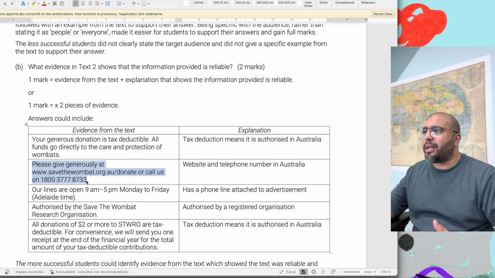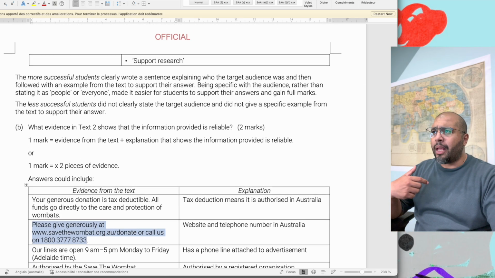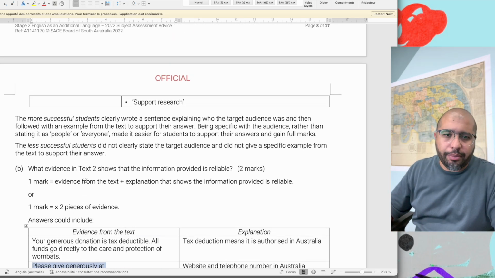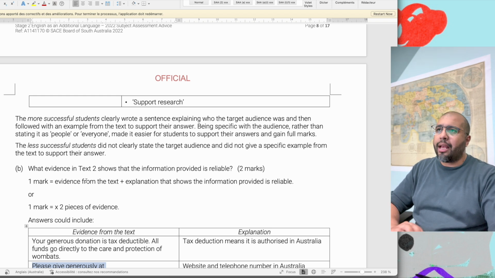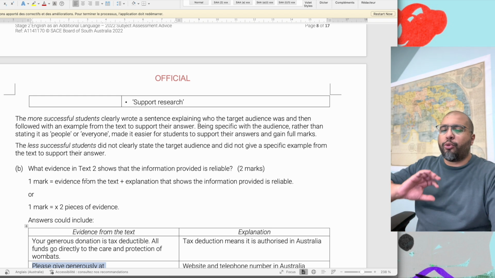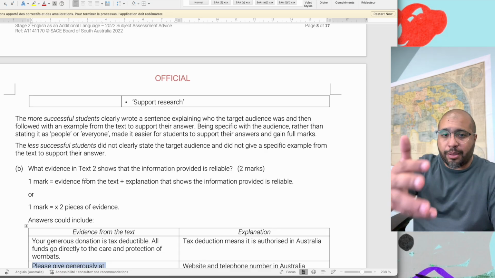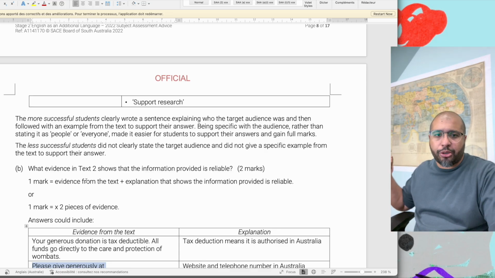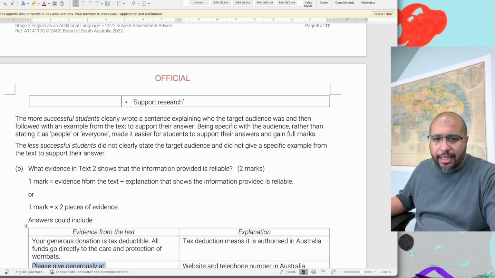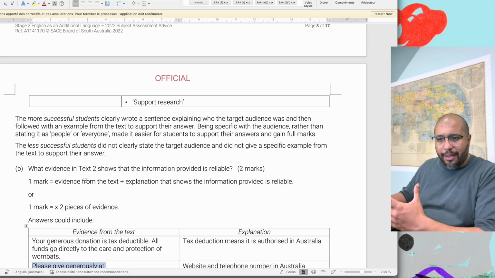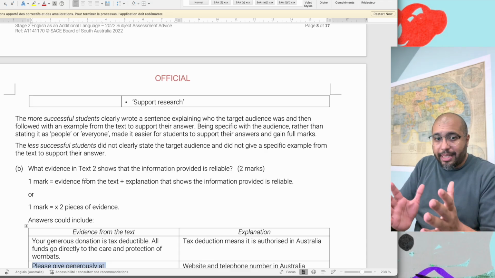So they don't care, for example, if you say this text is reliable because of this, or this text is not reliable because of that. They don't care, for example, if you choose statistics as a persuasive technique while somebody else chose an expert opinion or a celebrity endorsement. That's not important. What's important for them is quite simple.